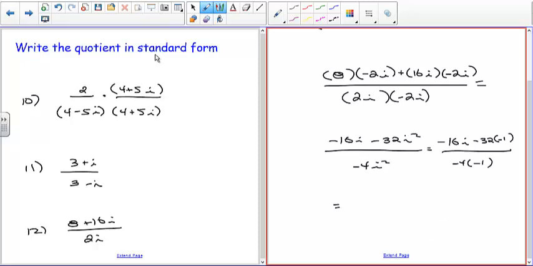So in the numerator, we'll get negative 32 times negative 1, which is positive 32. Put the imaginary part second: negative 16i divided by positive 4. So then we can divide, those have a common factor of 4. So 32 divided by 4 is 8. 16 divided by 4 is 4. So that's your final answer.